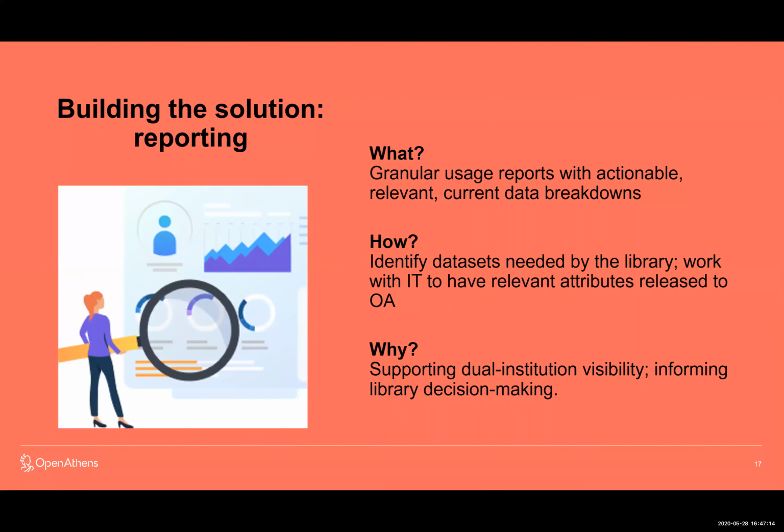Okay, so building the report, basically what do you want to know? What kind of data do you have in there? How do you identify all of that kind of stuff? How do you identify those attributes and how do you expose it to OA? And in my case, having some really good responses to the why question. Specifically, there were some concerns about dual institution visibility and internal library decision-making.